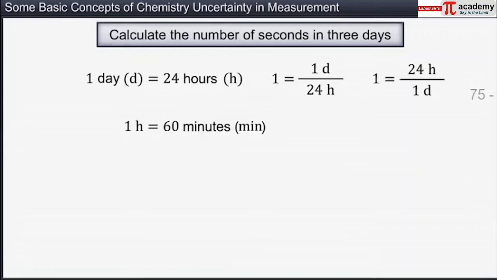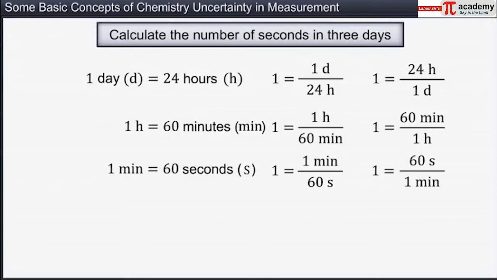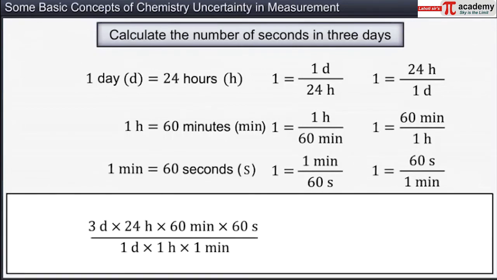We also know that 1 hour is equal to 60 minutes, and 1 minute is equal to 60 seconds. In this calculation, we want the answer in seconds. Hence, we will select the conversion factors in such a way that the units of the preceding factor are cancelled out. Thus, in this equation, hours, minutes, and days are cancelled out, and we obtain the answer in seconds.